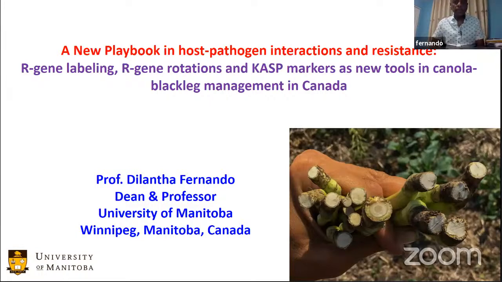I'm extremely proud of my graduate students, particularly 2 students who did most of the work that led to the R gene labeling and R gene rotations, and a postdoc who developed the Cas markers that I'm going to be talking to you about today. These are new tools in the toolbox that we now have for blackleg management. Let me tell you the story.